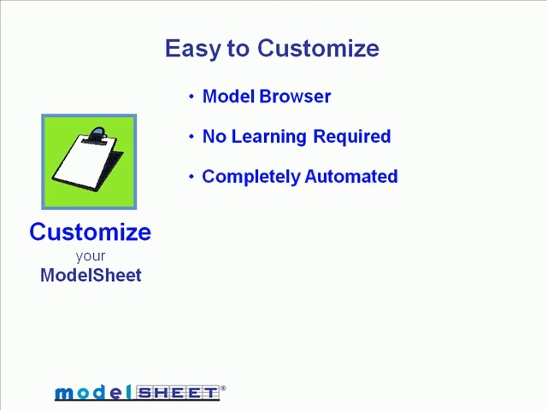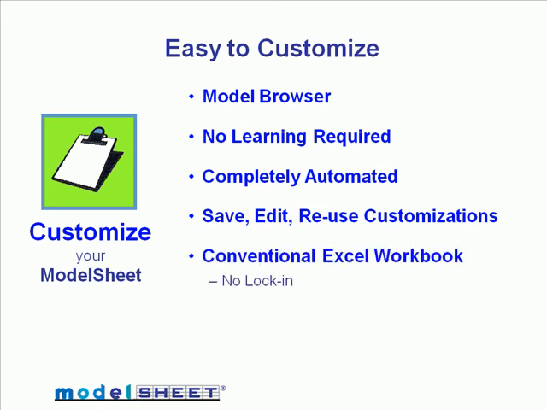The process is completely automated. This makes the process easy and reliable. You can save, edit, and reuse your customizations. You get a conventional Excel workbook that you can maintain and modify on your own. You are not locked into proprietary products or services. It just doesn't get any easier than this.